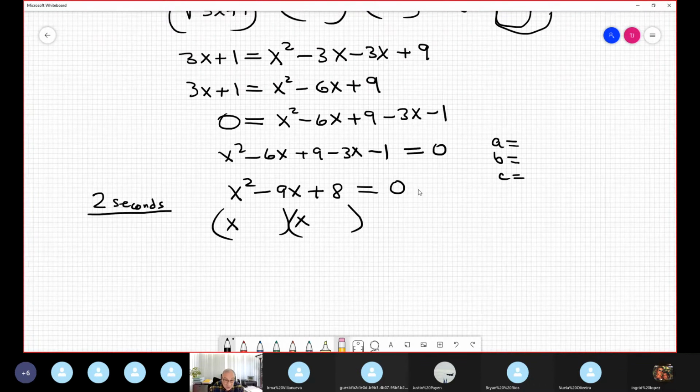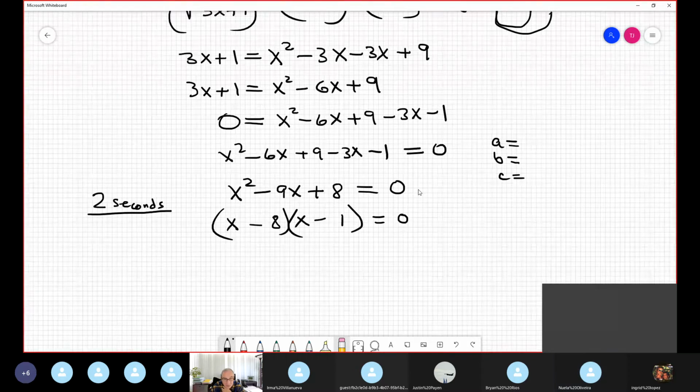In my opinion, in this case, it is 8 and 1, because 8 times 1 is 8, and 8 plus 1 is 9. What sign? Different signs or same sign? They are equal signs. Negative both?